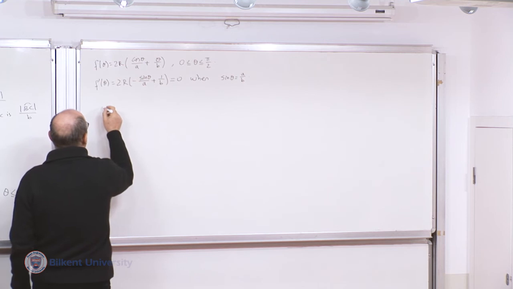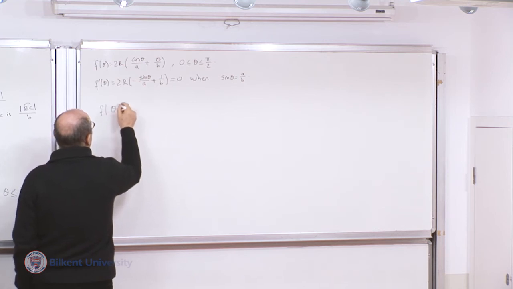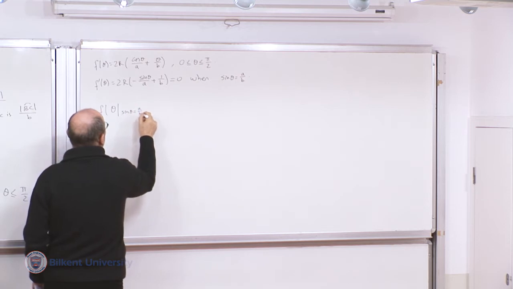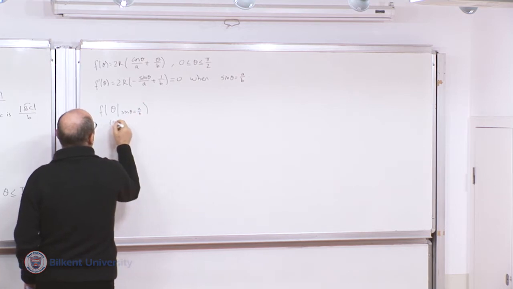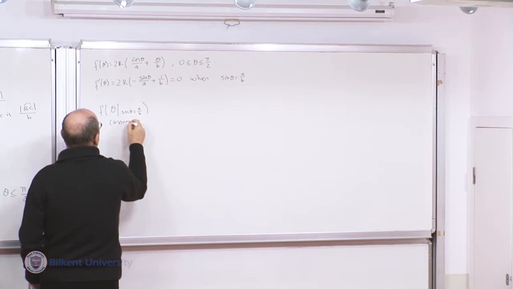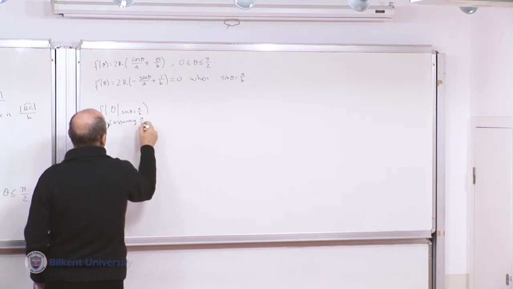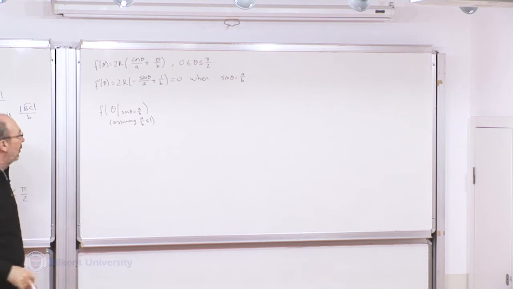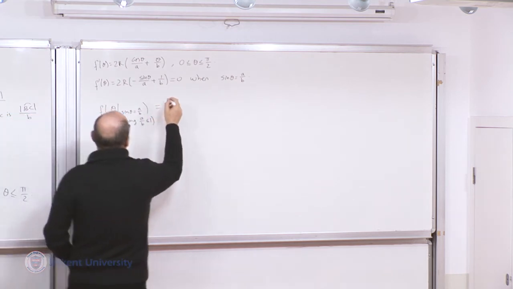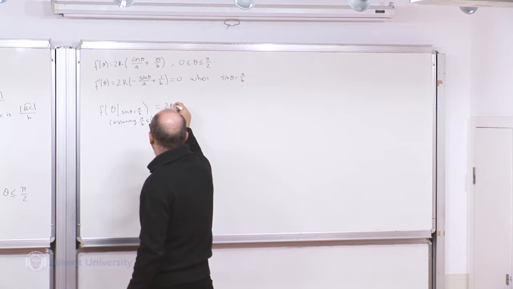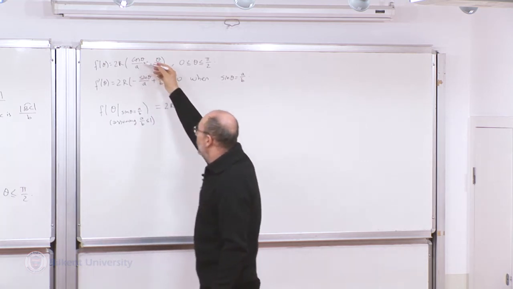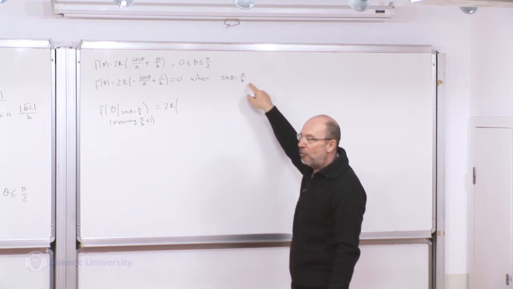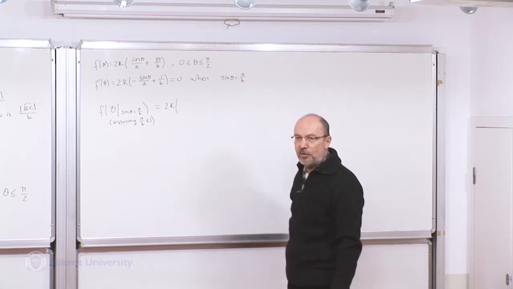So f of theta, when sine theta is equal to A over B, here assuming A over B is less than or equal to 1. Otherwise, there is no solution. This is equal to 2r. So you write a triangle in which sine theta is A over B, then you solve for cosine theta.